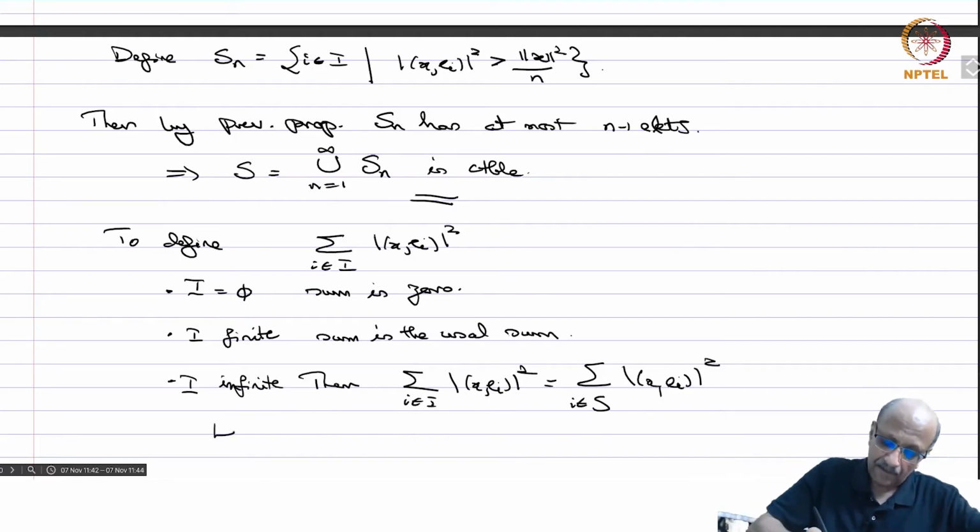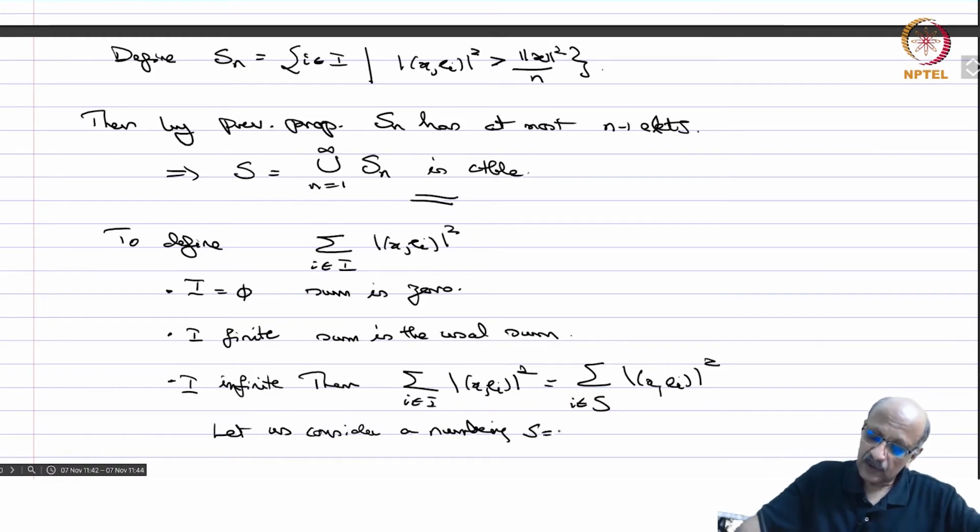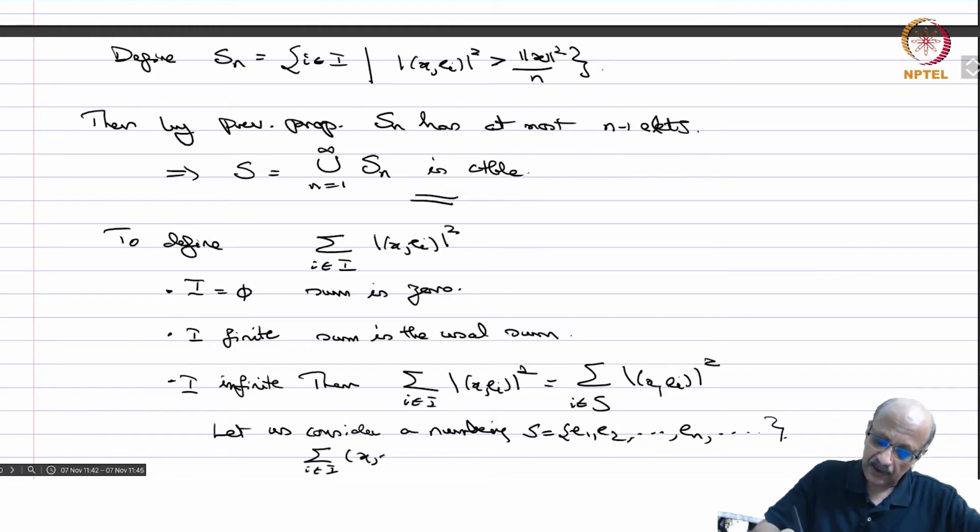So let us consider a numbering S equals e_1, e_2, e_n and so on, and then we define the sum over i in I of mod <x, e_i> square.